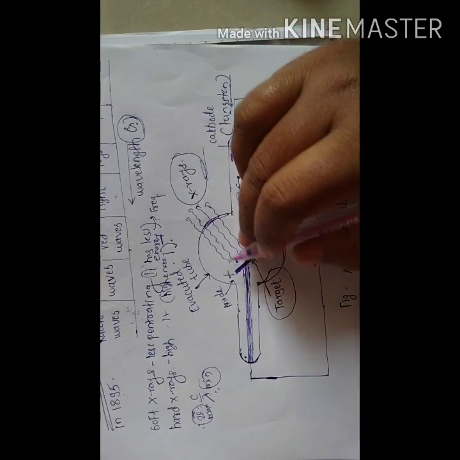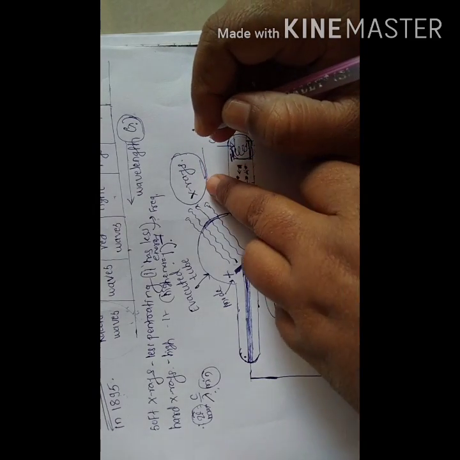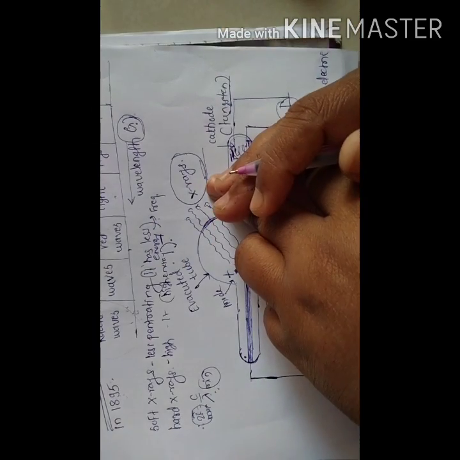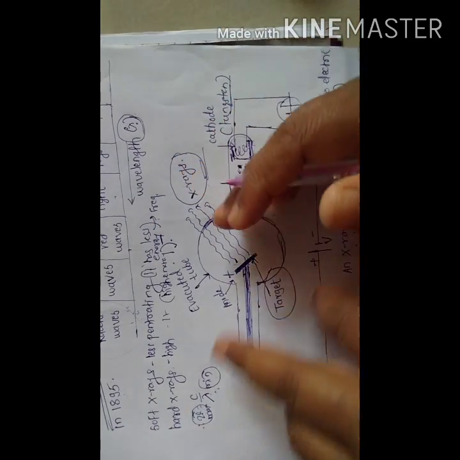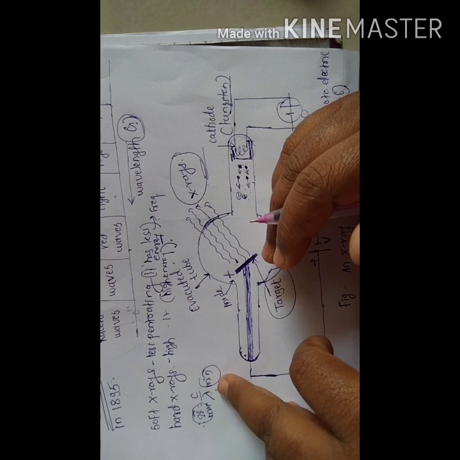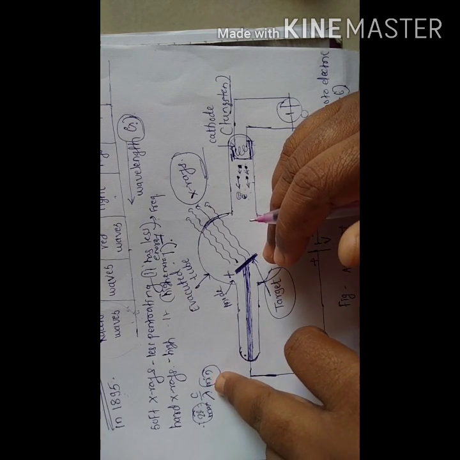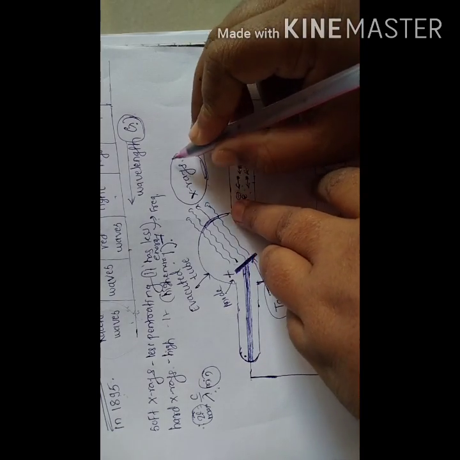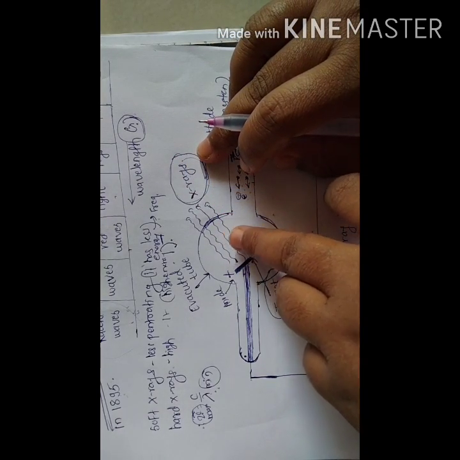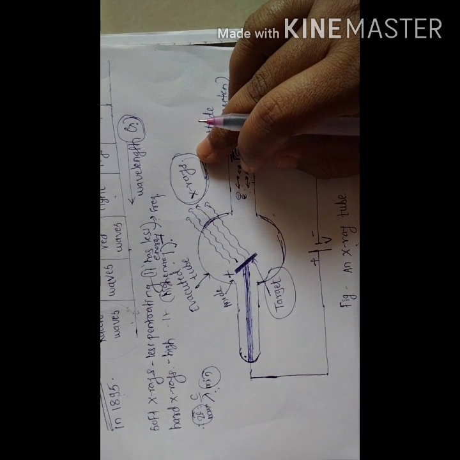So the X-rays have high energy, which means very high frequency, and high frequency means the wavelength is very small. We call this lambda minimum. The intensity of those X-rays is dependent on the frequency of that radiation.